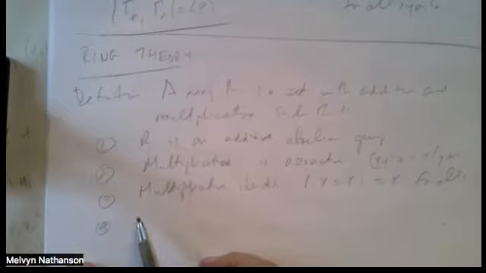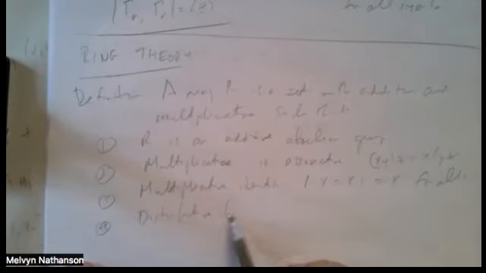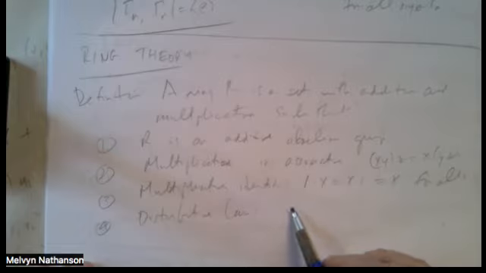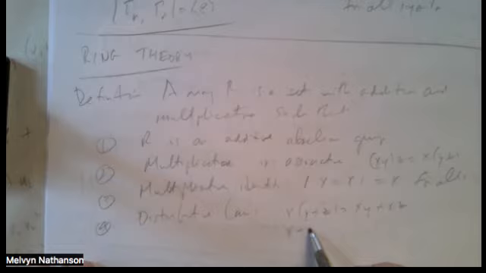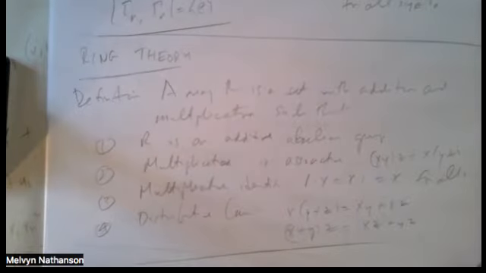And fourth, we have some distributive laws: x times (y plus z) is xy plus xz, and (x plus y) times z is xz plus yz. So a set with addition and multiplication that satisfies these properties is called a ring.